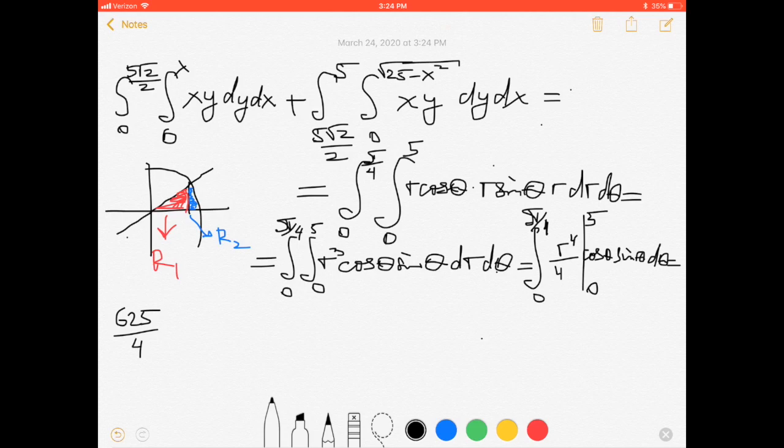If you use u substitution and substitute sine theta as u, cosine theta d theta will be du, which means u squared over 2, this means sine squared theta over 2. Then you plug in 0 and pi over 4. And if you count, if I'm not making a mistake, you have 625 over 60.